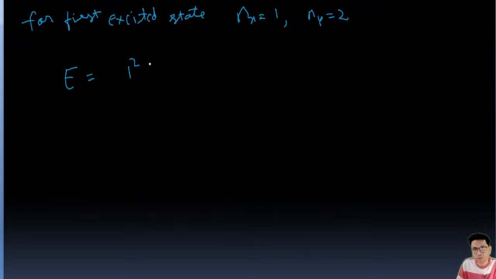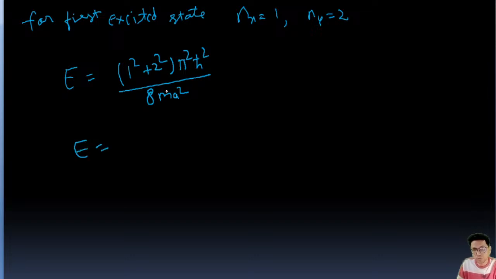This is going to be 1 square plus 2 square, pi square h cut square upon 8ma square, so this is 5 pi square h cut square upon 8ma square.